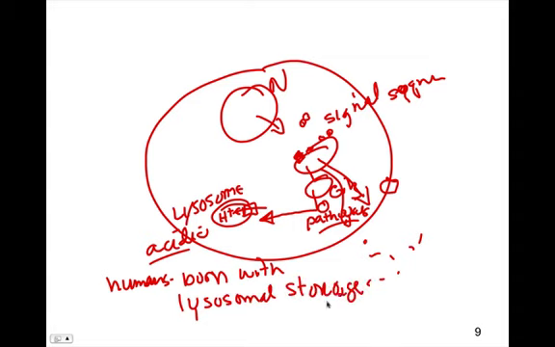What happens in those people is that they have a mutation in the DNA for a gene like the proton pump, and the proton pump doesn't do its job well, and as a result this lysosome is not very acidic, and it doesn't digest or metabolize, break down these components, and so people who have lysosomal storage disease get an accumulation of this.